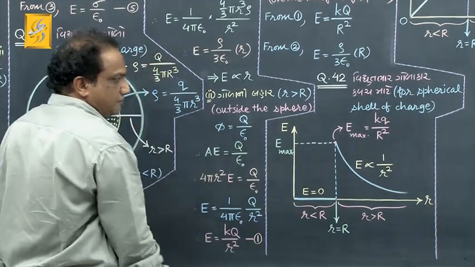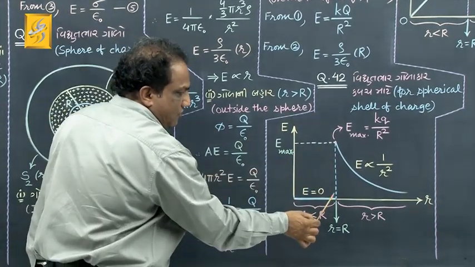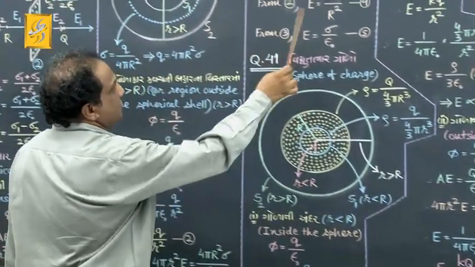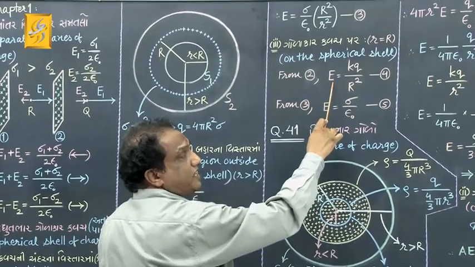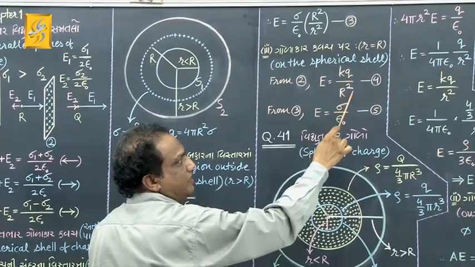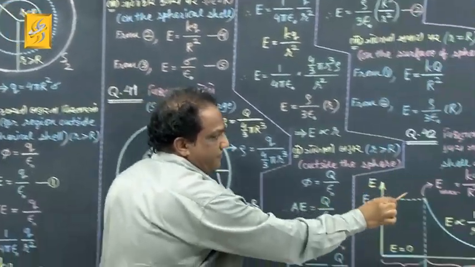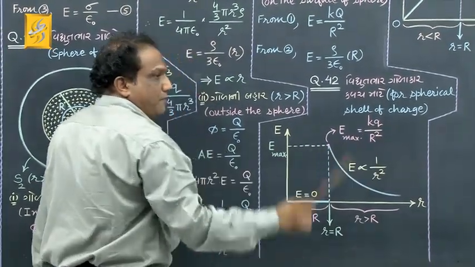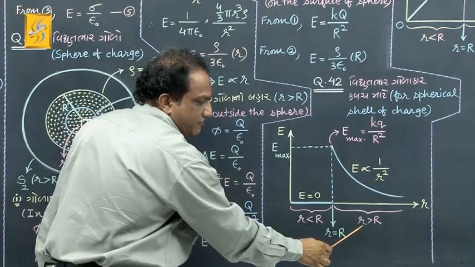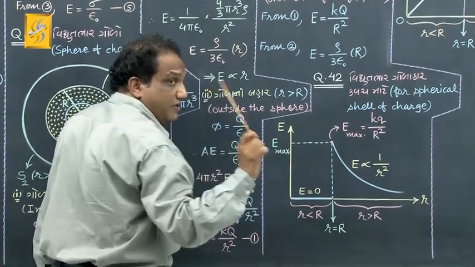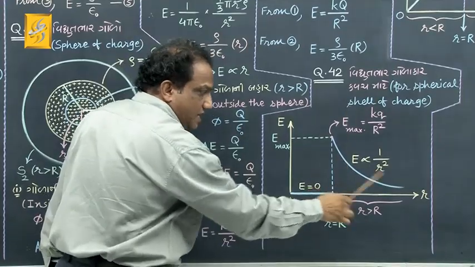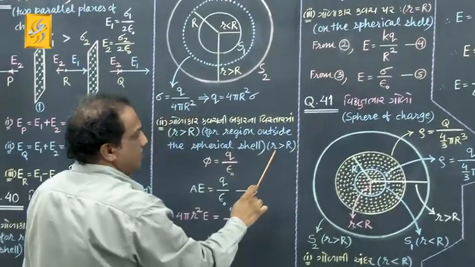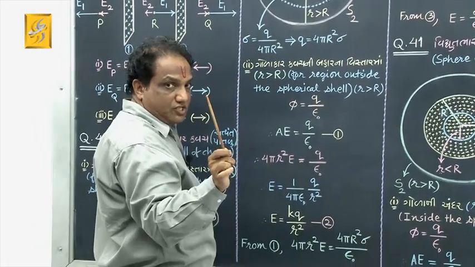Okay, fine. Now when you are on the surface, this electric field is maximum, which is kq upon capital R square. So E maximum is kq upon capital R square. But then when you take this region where r is greater than capital R, you are outside the spherical shell of charge.